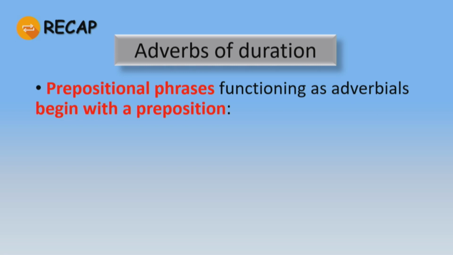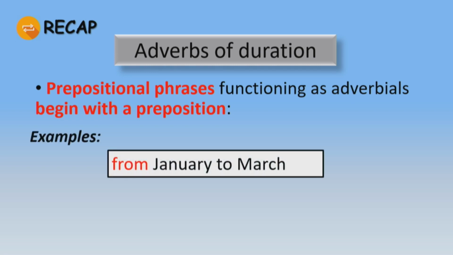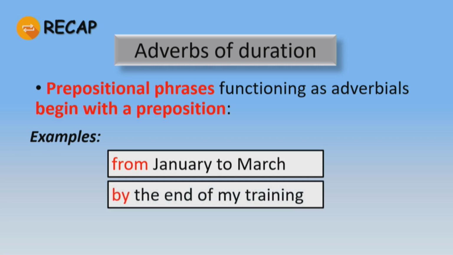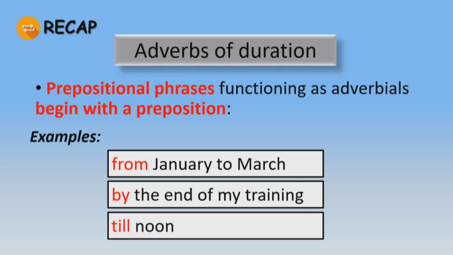Prepositional phrases functioning as adverbials begin with a preposition. Some examples: from January to March, by the end of my training, till noon.